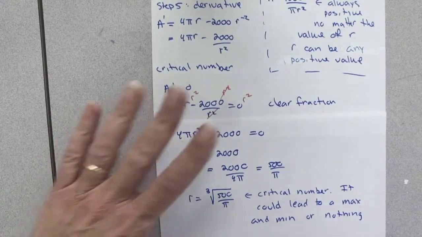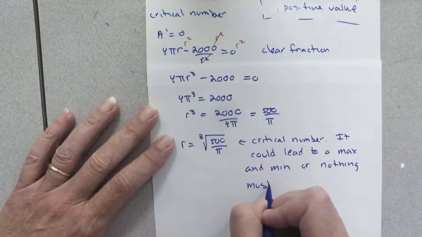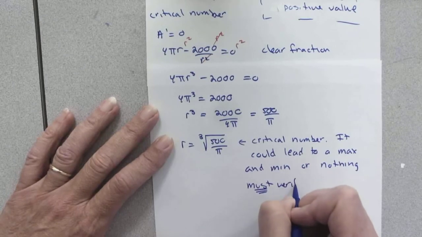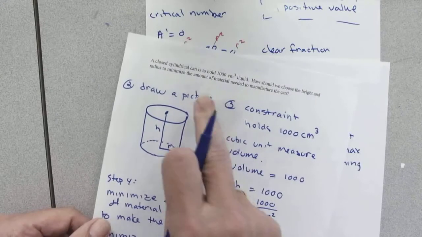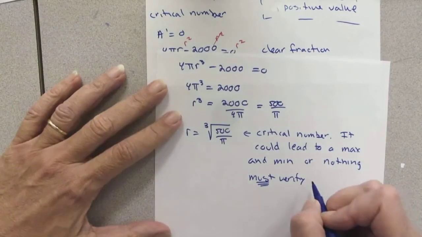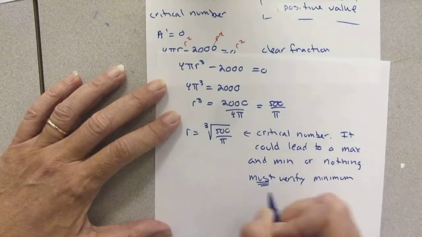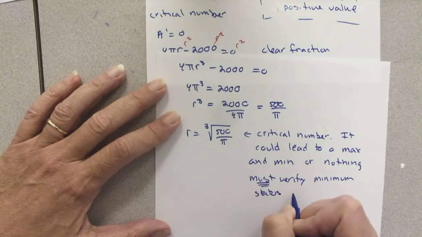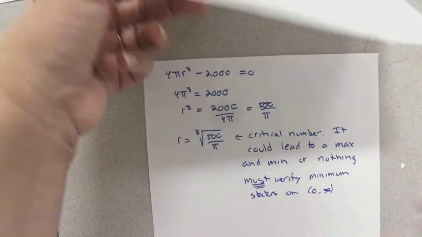And so we must verify the status. In this case, we wanted to minimize the amount of material. We must verify the minimum status on 0 to infinity.